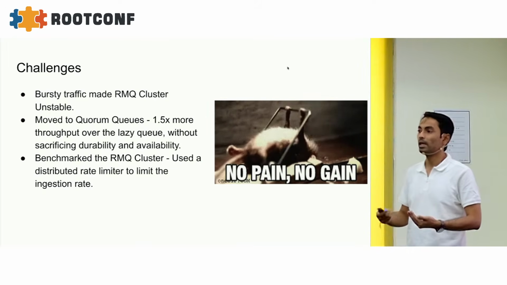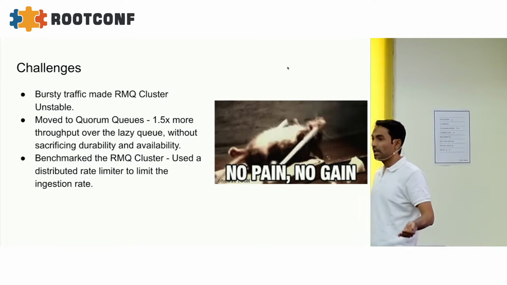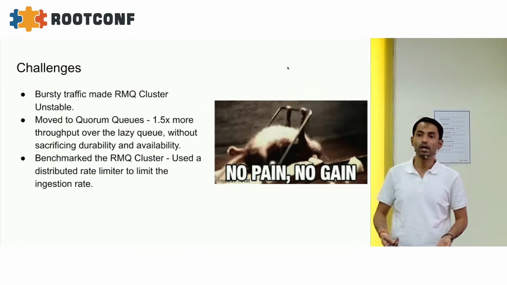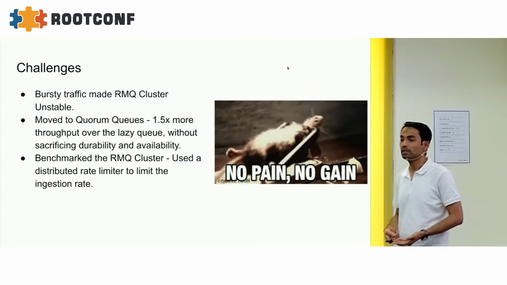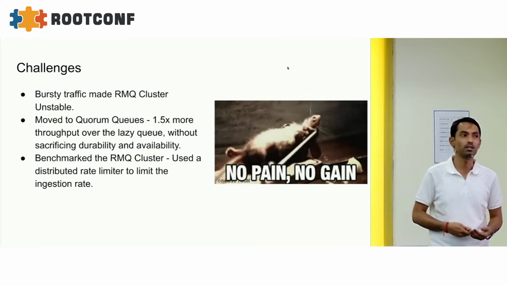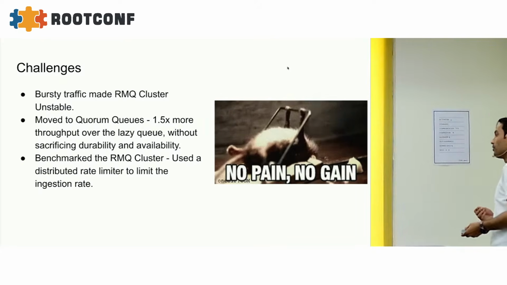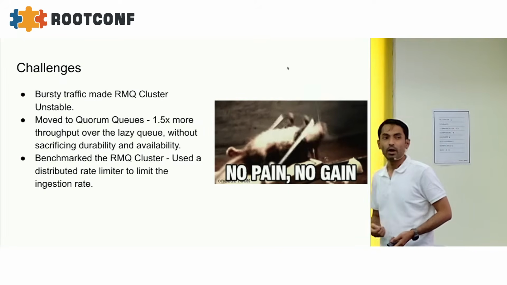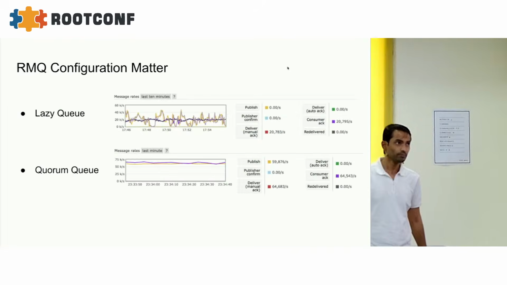We have to make our system resilient enough that if billions of jobs happen to be scheduled at the same time, our system doesn't fail. That's where resiliency in the platform comes into place. So we benchmarked our RabbitMQ cluster, figured out our breaking point, and based on that, set up a distributed rate limiter.